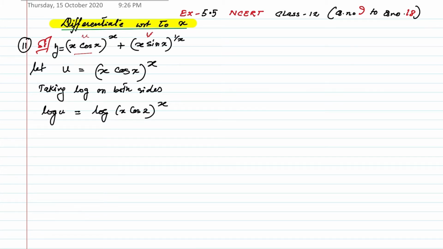Okay. Now using the property of log, we will get x log x cos x, and again we know log of m into n is log m plus log n. Using this property, we will get here x log x plus x log cos x.